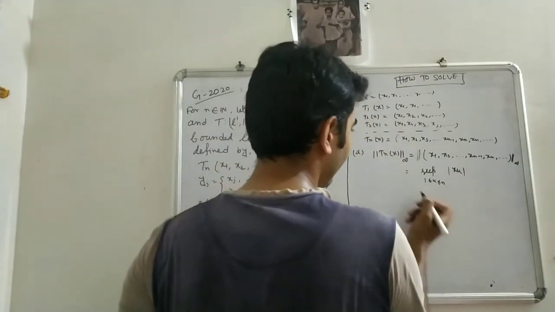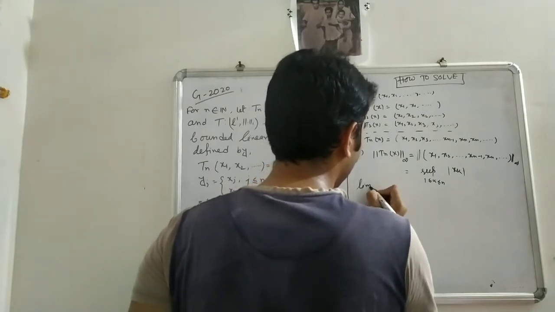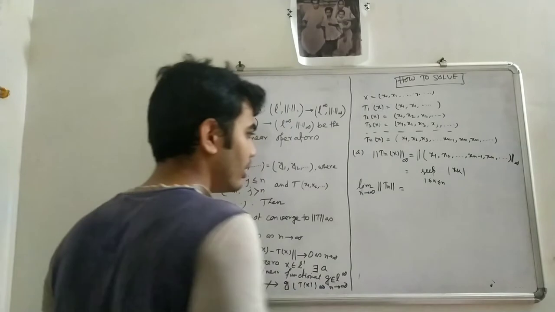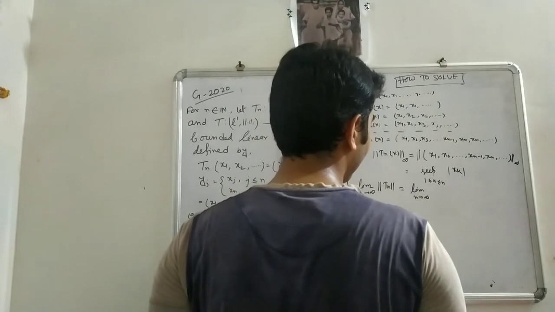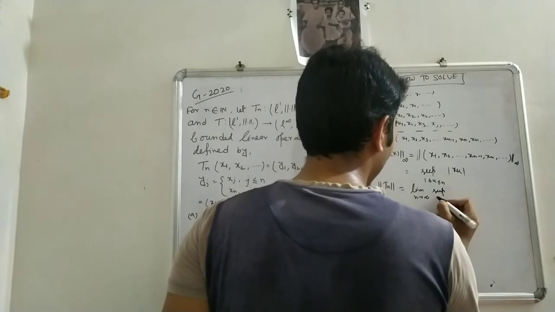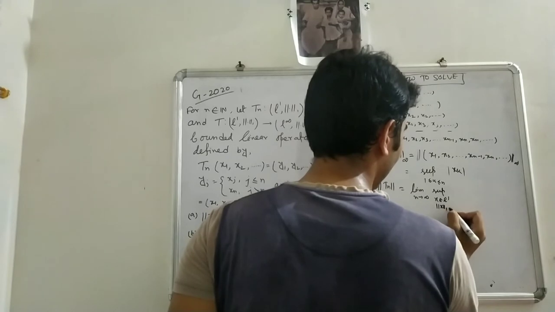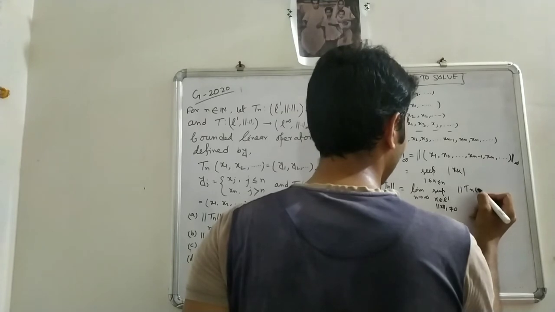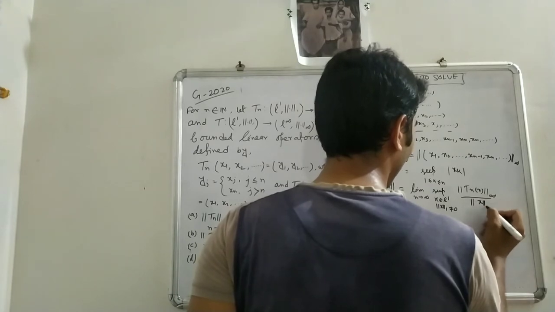Now the limit as n tends to infinity of the norm of Tn is equal to the limit as n tends to infinity of the supremum over x belonging to L1 with norm of x1 not equal to 0 of the norm of Tnx infinity divided by the norm of x1.